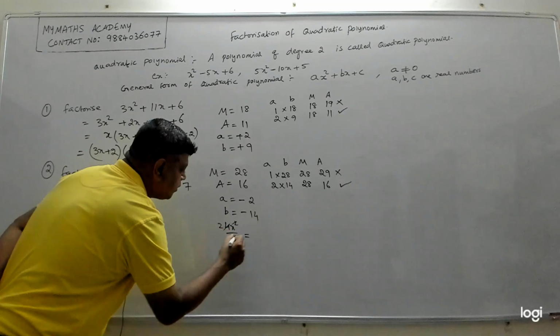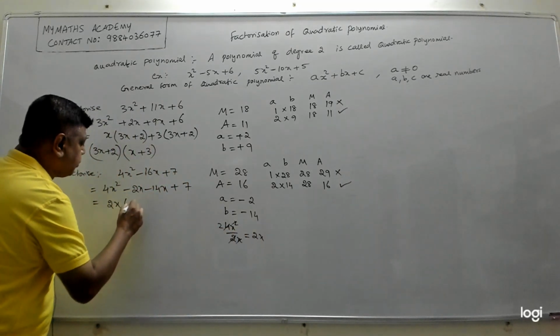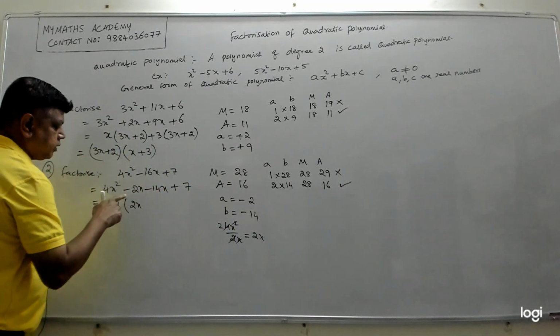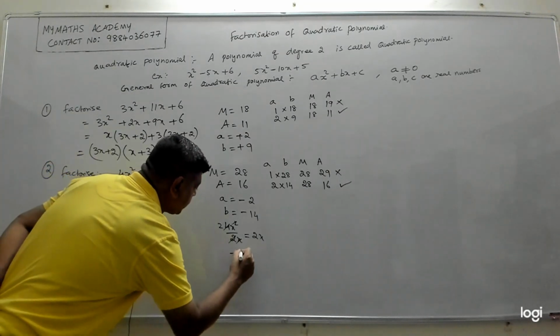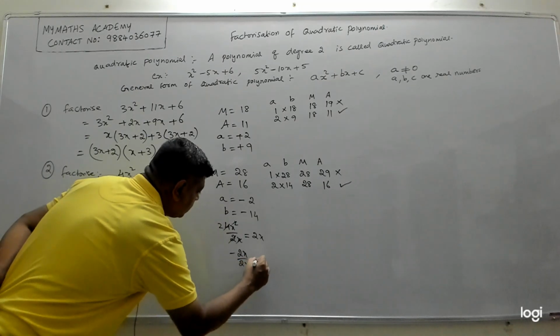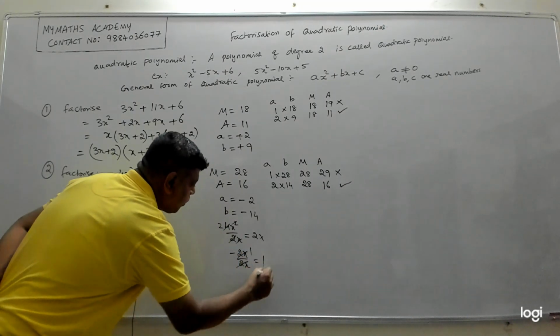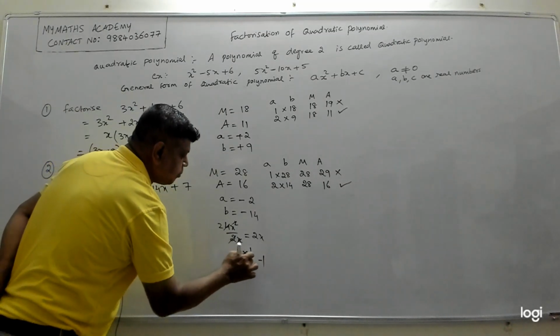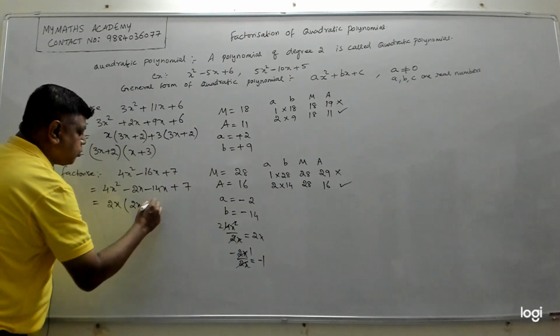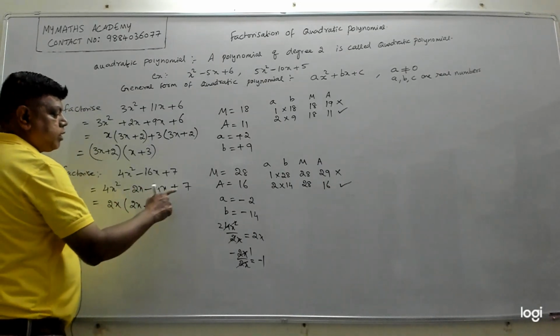X1 will go. You get 2x. So here you will get 2x. Now here what you have? Minus 2x. Now divide minus 2x by 2x. You get 1. So 1 minus 1. You get minus 1. So put minus 1. Close the bracket.